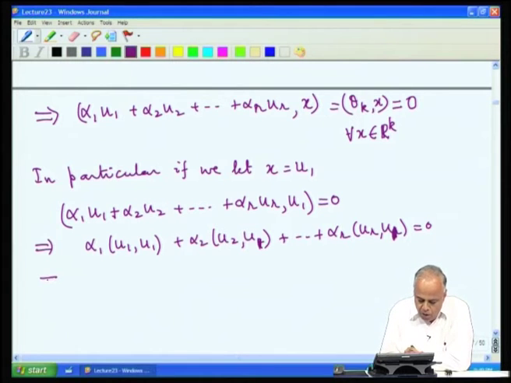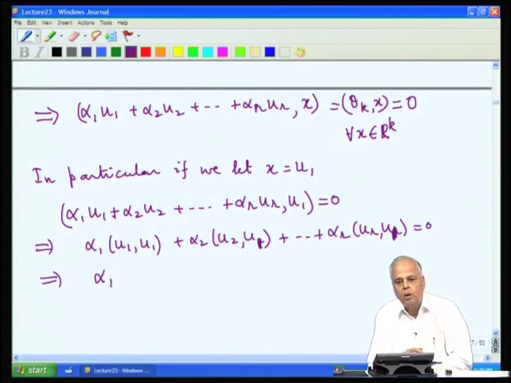Now, <u1, u1> is 1. Why is it 1? Because we are given that {u1, u2, ..., ur} is an orthonormal set. When you have an orthonormal set, every vector in that set has length 1, and u1 is a member of that orthonormal set, hence it must have length 1.